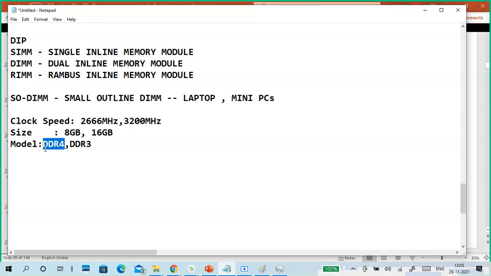A new one is compulsorily DDR4. Also check the notch condition. Size: a SODIMM or a DIMM. A PC uses the DIMM package, a laptop uses the SODIMM package. So compulsorily verify.